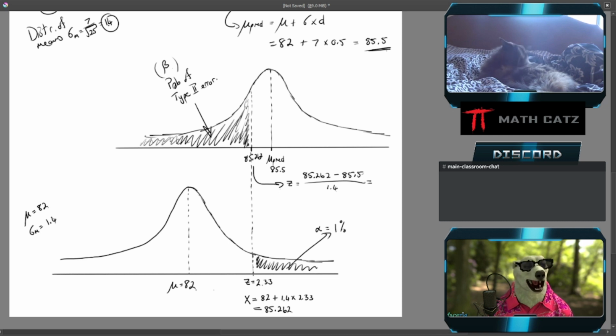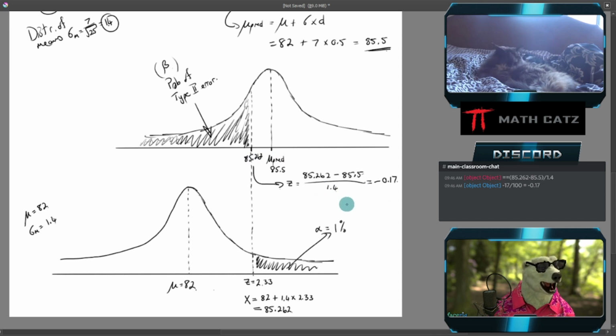Now I'm exaggerating it on my diagram, of course, so it's easier to work with. And we get negative 0.17. Negative 0.17. I didn't expect it to be huge because they're so close together.